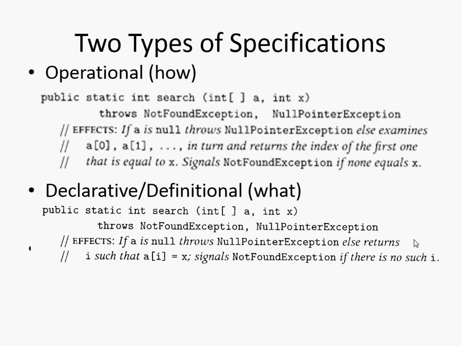Here, it says, it's going to throw a null pointer exception. Great. But otherwise, it just returns the I such that A of I equals X. And it throws this other exception if there's no such I.